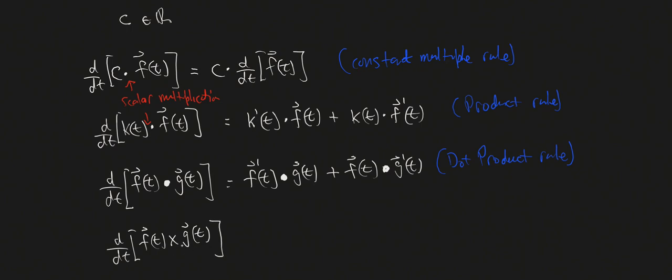If we're taking the derivative of a cross product, then it would look like this. Again, I always do the derivative of the first crossed with the second, and then plus the first crossed with the derivative of the second. So you can think of this as your cross product rule for derivatives.